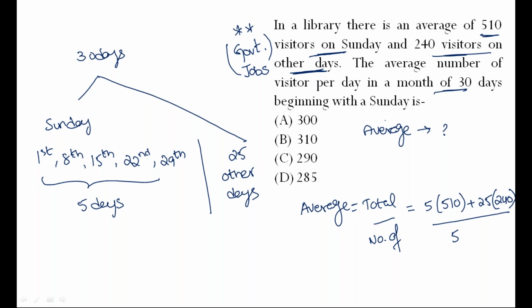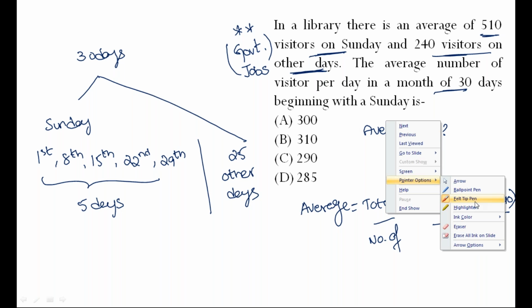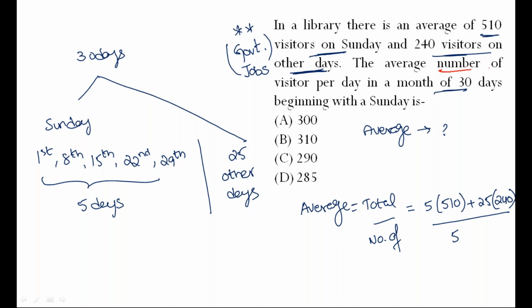Now listen, number of visitors per day. The numerator is visitors, how many visitors. The denominator is days, 30 days. So visitors per day. Now you can cancel this 0, because 0 is common in all.